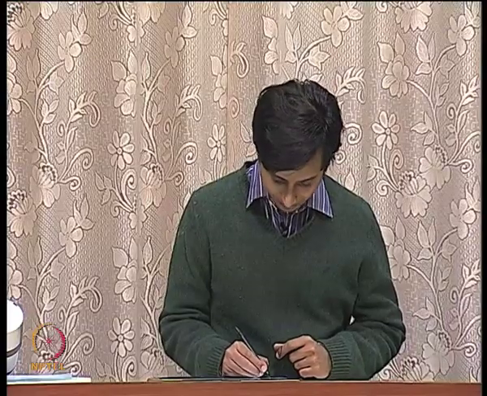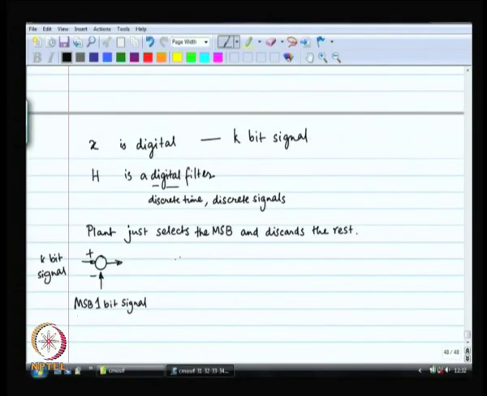This is the MSB, this subtraction part, you are subtracting the MSB padded with zeros. Okay. So, it is not just subtracting that 1 bit signal, it is subtracting that 1 bit signal as the most significant bit. All right.